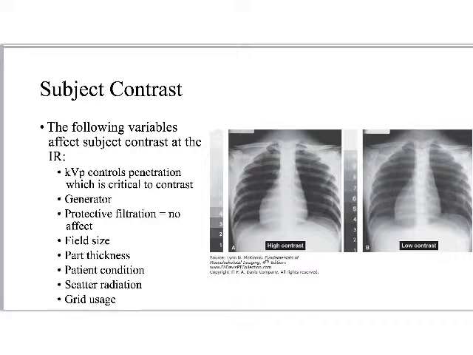So contrast is one of those more difficult things. Looking at these two images, which of these images has the higher contrast? The one on the left has the higher contrast. It's nice to have the step wedge right next to it so we can see what the different contrast levels are.